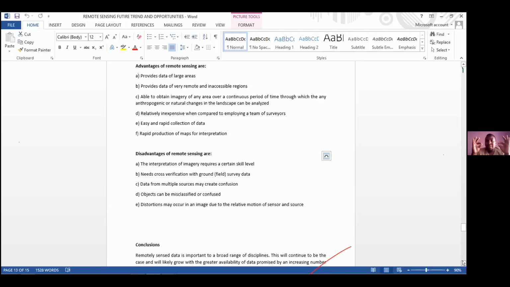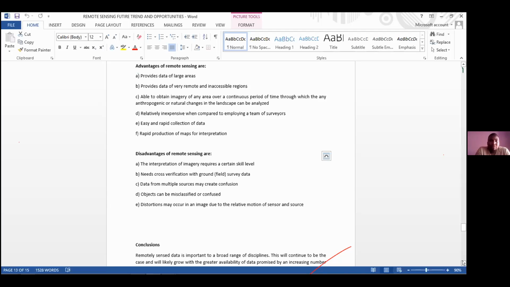Because remember we said Landsat has a spatial resolution of 30 meters, while QuickBird has a resolution of 67 centimeters, which means this provides more accurate information than this, right? That's what I was telling you. Depending on the level of work you're doing, you need to be very keen when selecting the kind of satellite you're using. Then objects can be misclassified or confused. If you don't have adequate information about how to classify, you can do it wrongly.